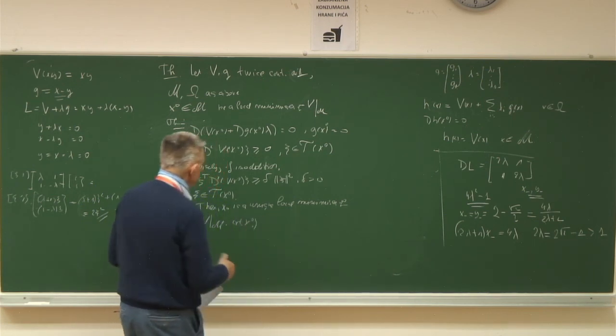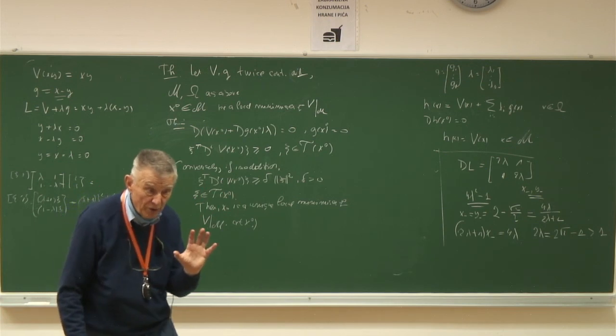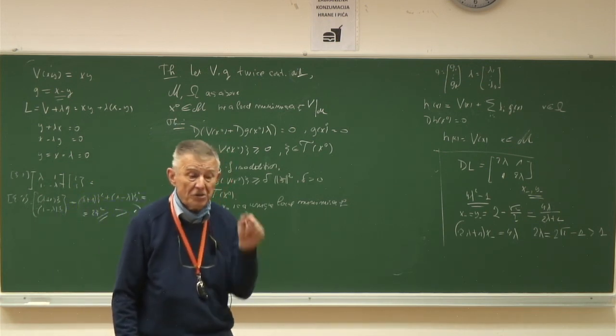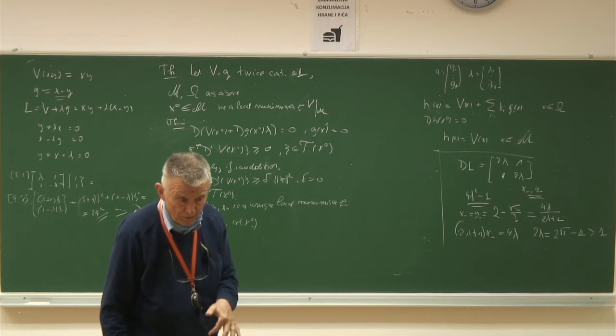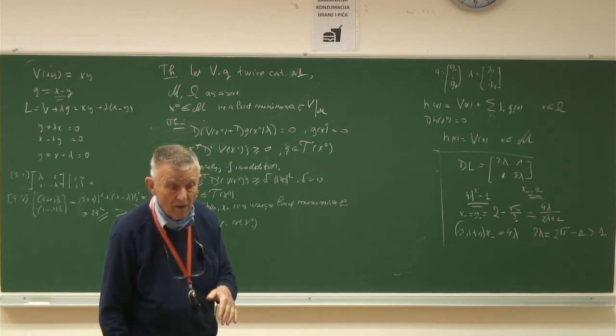That means there is a neighborhood of x0 such that x0 is an absolute minimizer on this neighborhood.